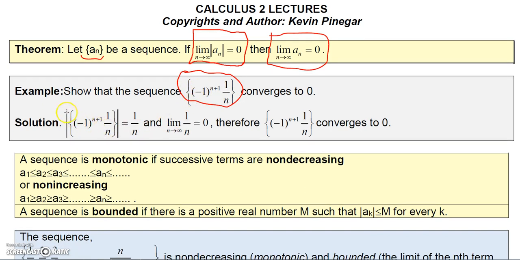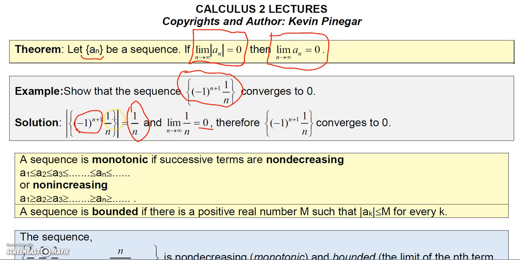Well, first of all, if you took the absolute value of this, then basically what that would do is that would just remove this, because now whether this is -1 or 1, if you take the absolute value of it, it's just going to be 1. So this sequence would just be 1 over n. And so we know the limit of 1 over n as n goes to infinity goes to 0.